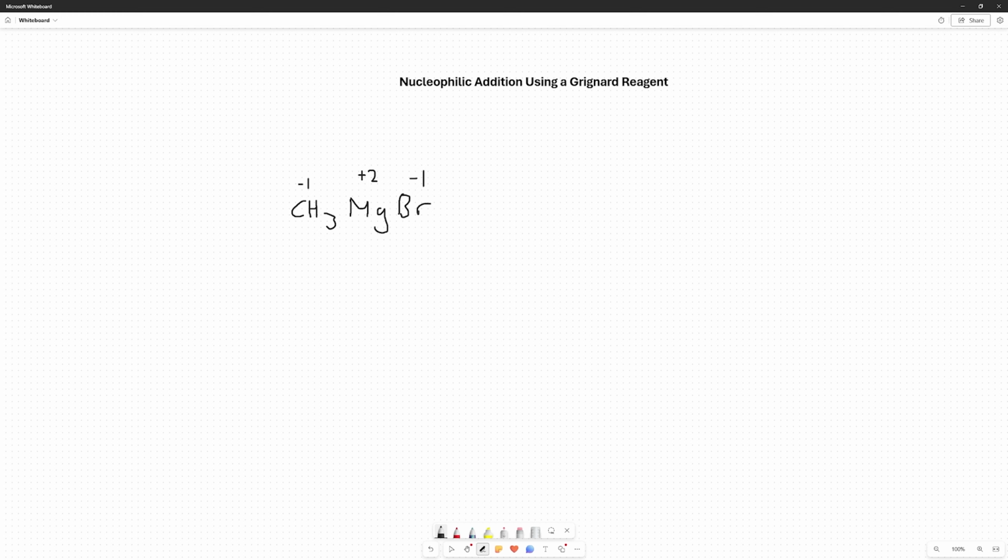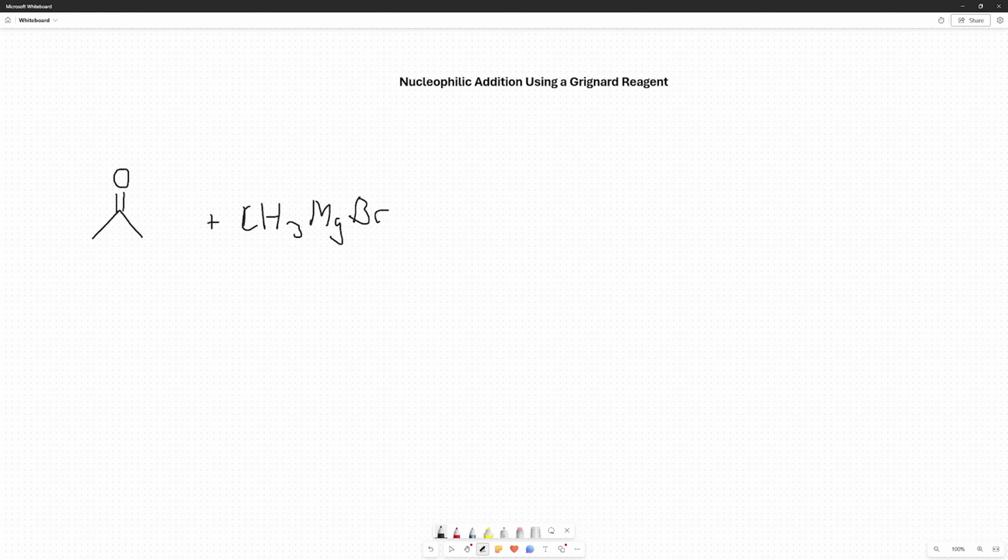So Grignard reagents are used to add the nucleophile, which is usually an alkane or an alkyl chain, to a carbonyl compound. So I'll put an example here. For example, if you've got propanone, you could use a Grignard reagent to add this methyl group onto the second carbon.